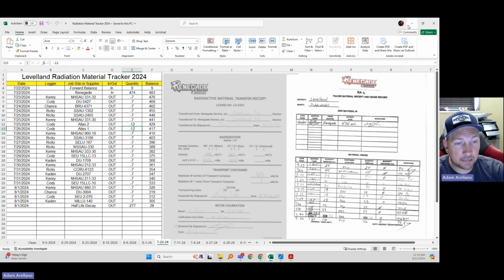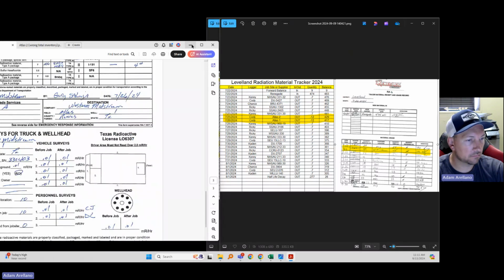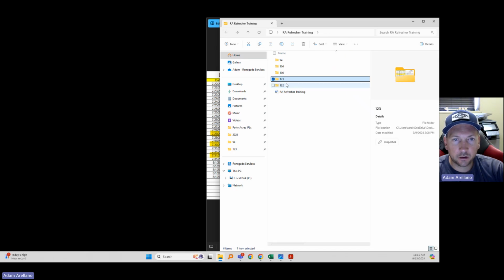And that should be a team effort. That should be the engineer and the rigger working together to get that accurate, not just the rigger doing the paperwork and not really knowing what the engineer may or may not have checked out.